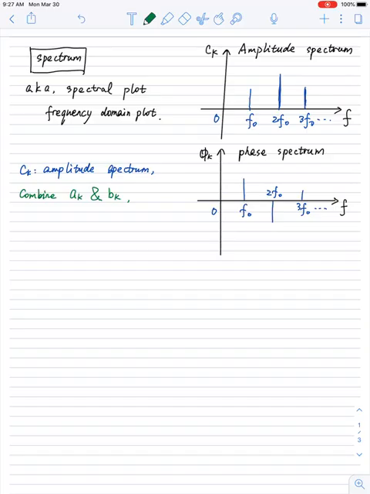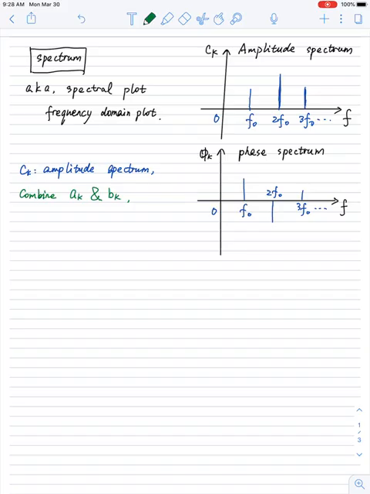So if ak is equal to 0 and bk is not equal to 0, ck will not be equal to 0. Therefore, even if one of the terms ak and bk is equal to 0, ck still represents the fact that you actually have a term at the frequency k times f0.